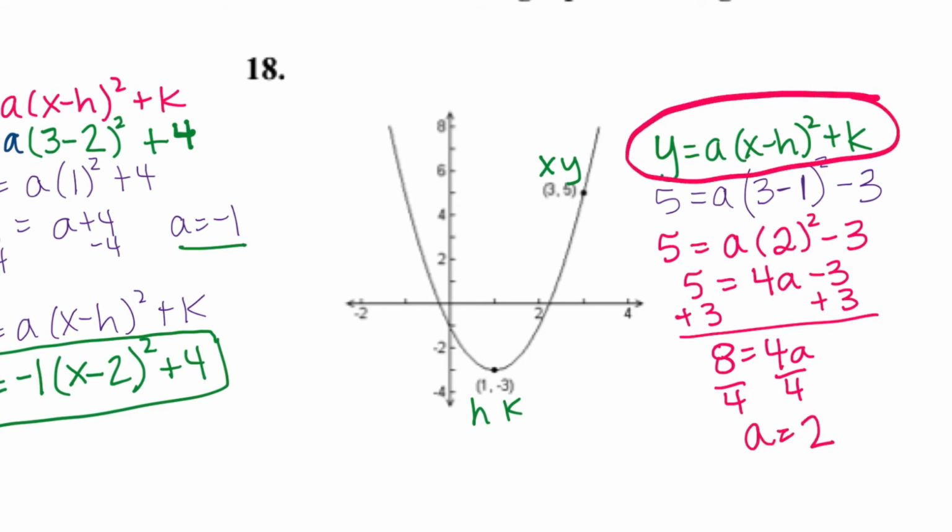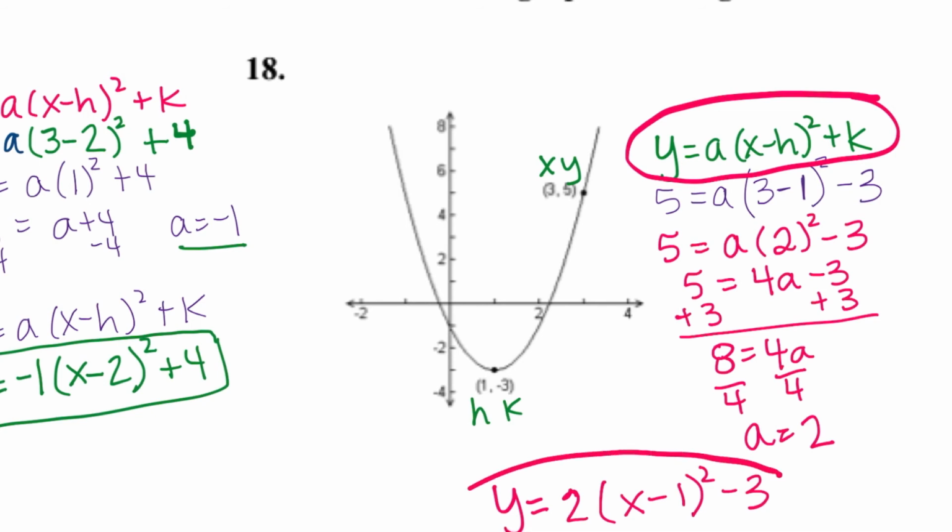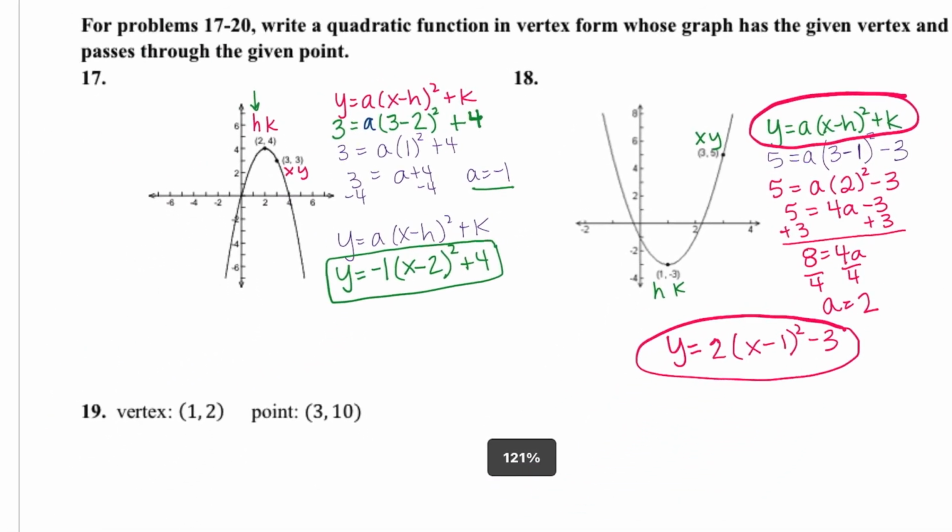So we're going to go ahead and use this equation here. We're going to substitute everything except the x and the y. So I have y equals, my a is 2. I have x minus my h is 1 squared, and plus k is minus 3. Okay, so this would be my final equation there.